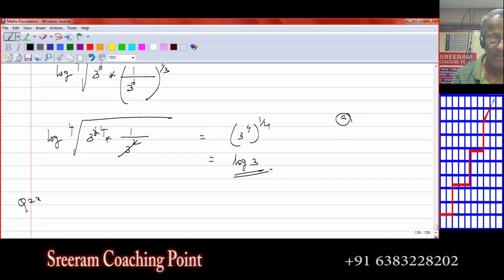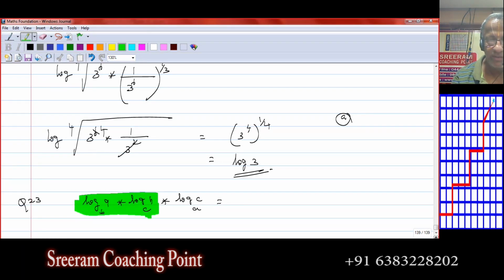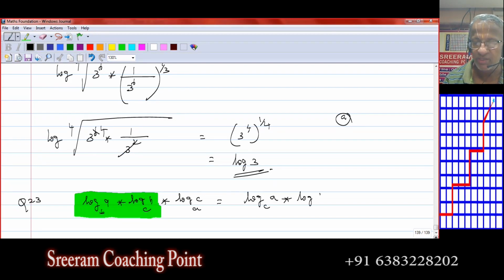Question number 23. Log A to the base B into log B to the base C into log C to the base A is equal to, I just take these two together and arrive at log A to the base C into log C to the base A, which will once again become 1.